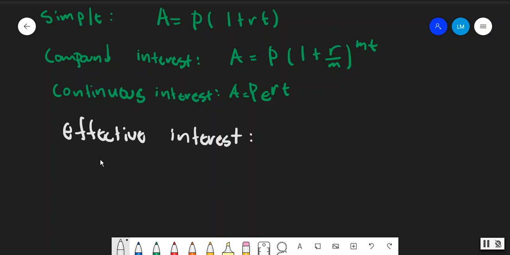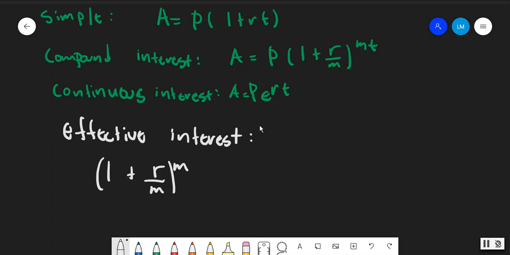You take 1 plus r over m and you raise it to the power m, minus 1.